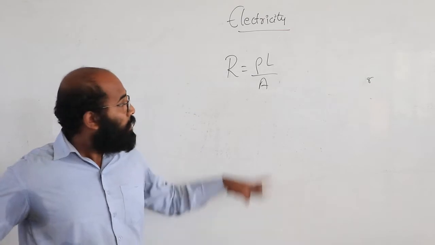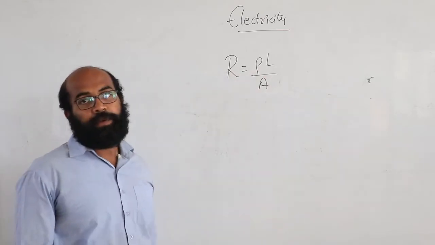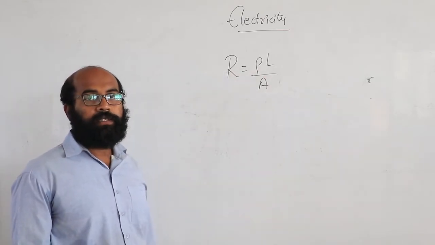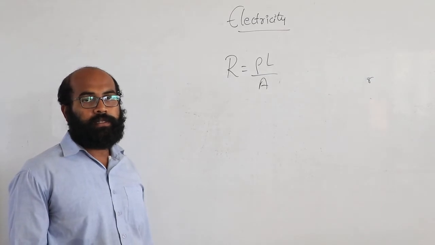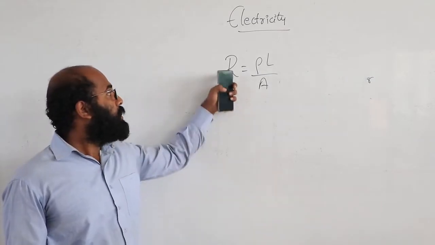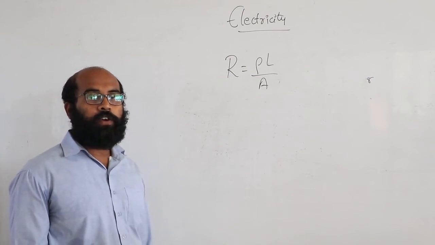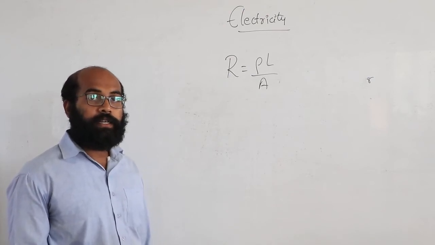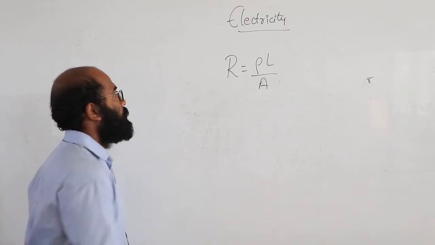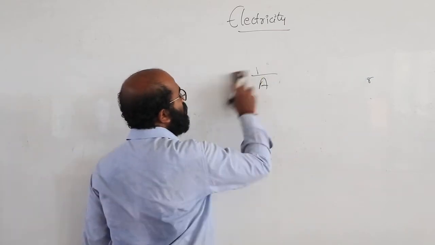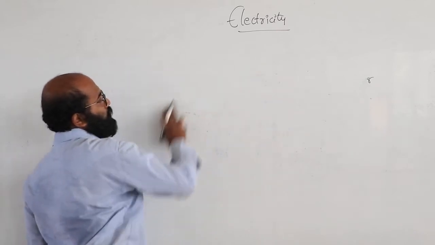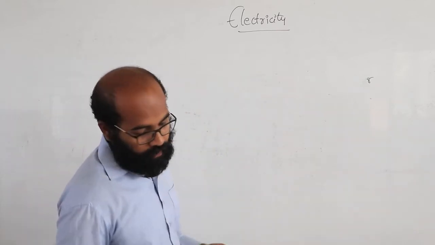So resistance is directly proportional to length. If you increase the length of any material, the resistance increases. Resistance is inversely proportional to area of cross section. So when you increase the area of cross section, then the resistance decreases. And rho depends on the nature of material. So with this, we will be solving the problems.